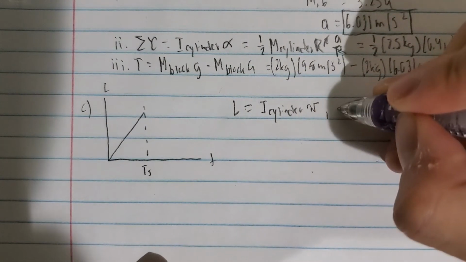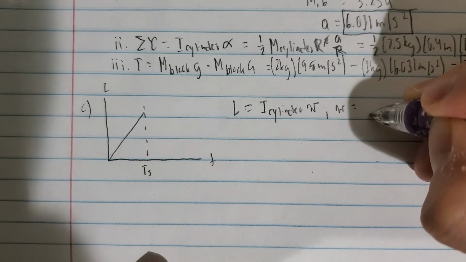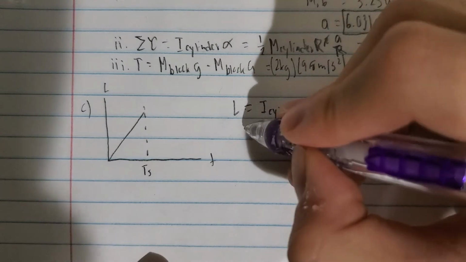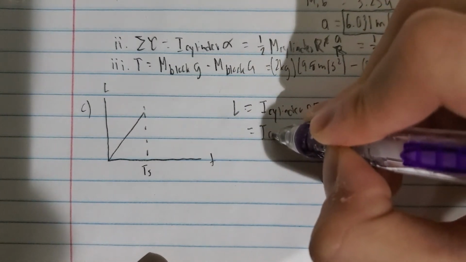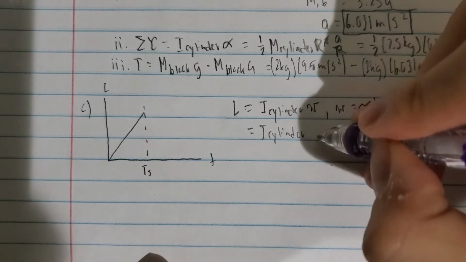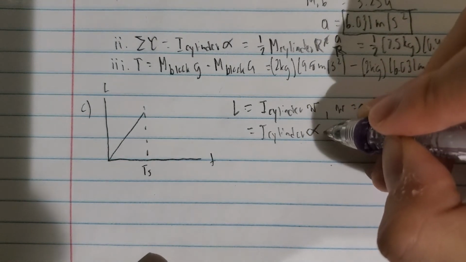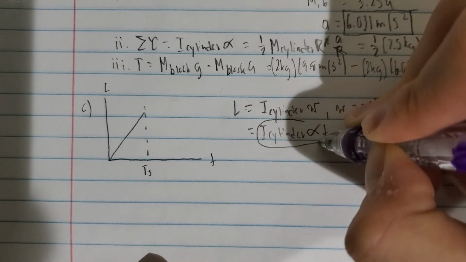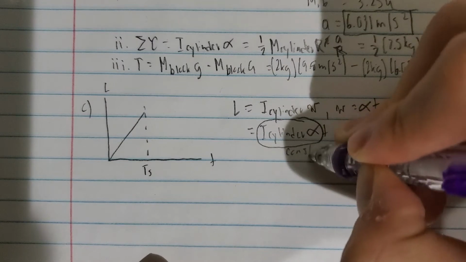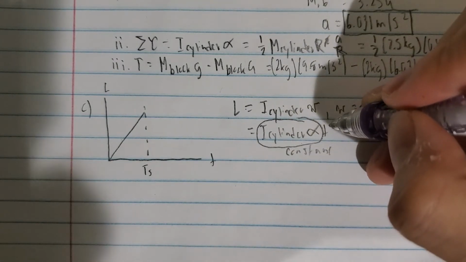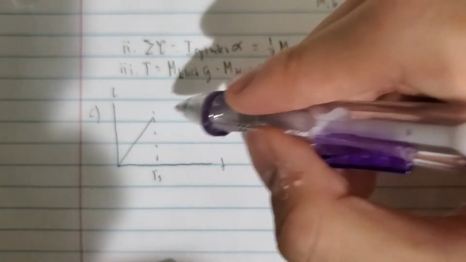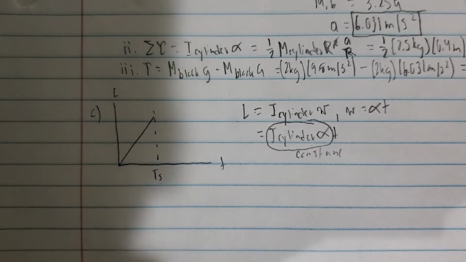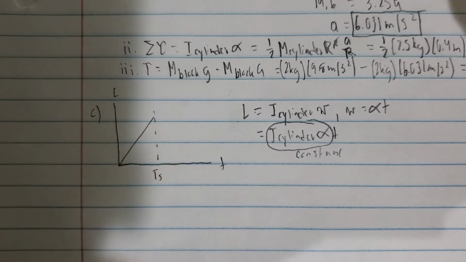Now my omega is equal to my alpha times t. So if I substitute this in, I'm going to get I cylinder times alpha times t. Now I cylinder and alpha are constants. A constant with a t with no power is just a straight line, so it's a linear slope. Okay, so that is the first part.